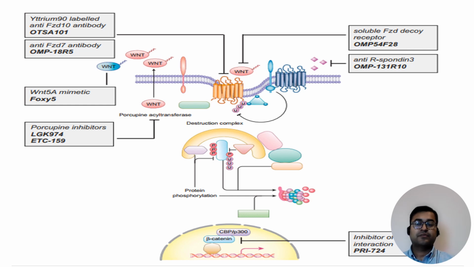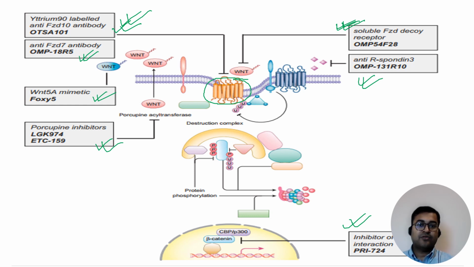types of cancers. So these are different types of molecules which have been developed to inhibit this Wnt signaling pathway, or different components of Wnt signaling pathway, so that this activated Wnt signaling pathway in the diseased case is controlled. So as you can see, we have tried to suppress this Wnt signaling receptor, which is frizzled, by these antibodies, and by using these decoy receptors.